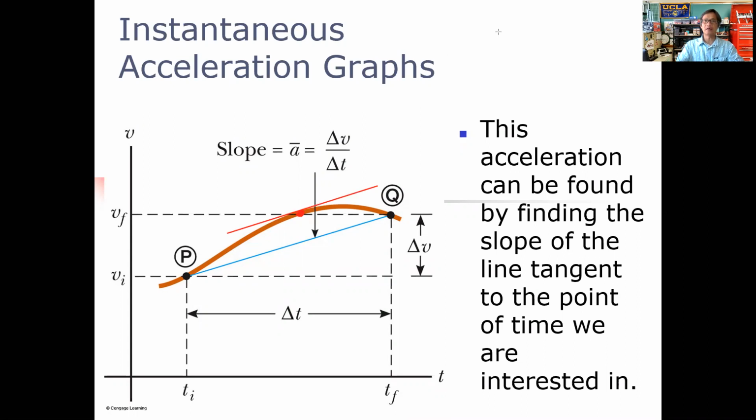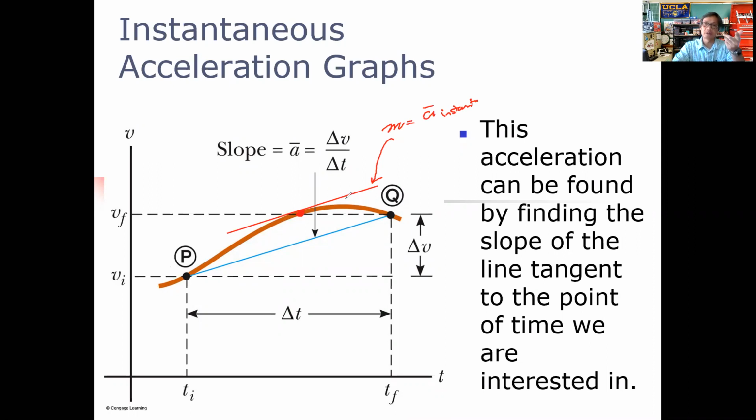Get the slope for that line. Once you have a line tangent to that particular point, we can find the slope for that line, and that slope will give us the instantaneous acceleration at that particular moment in time. Again, that's taken from the velocity time graph.